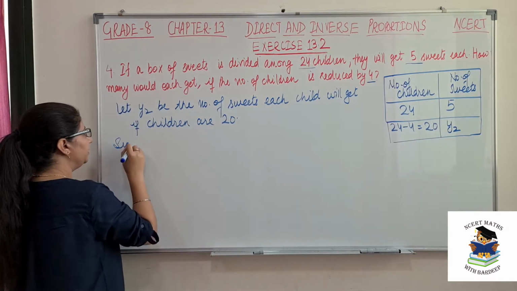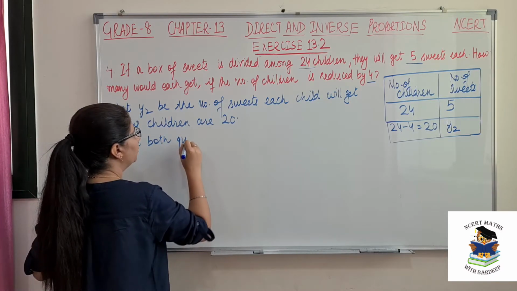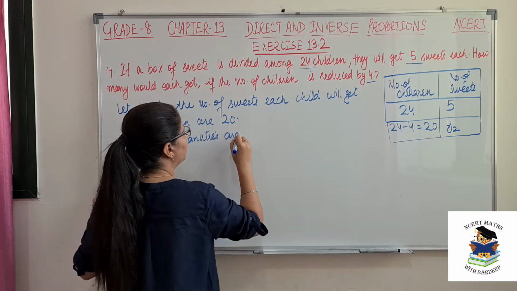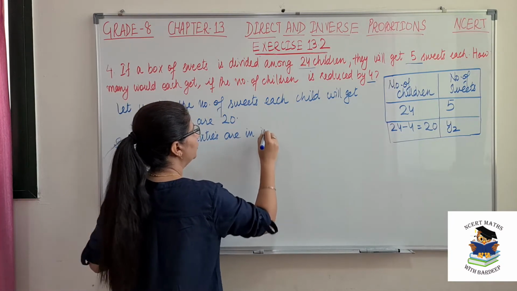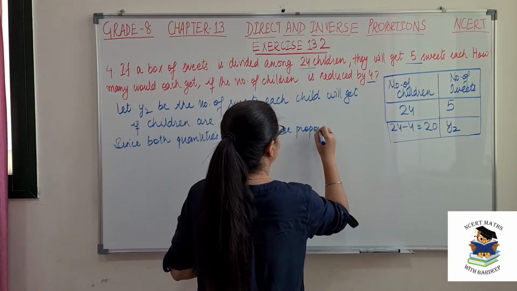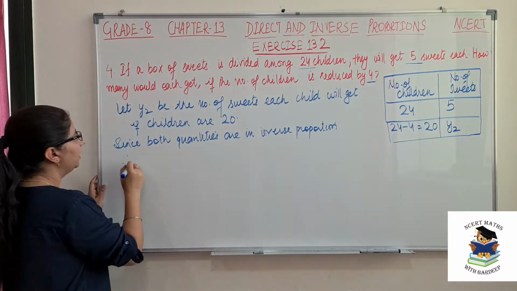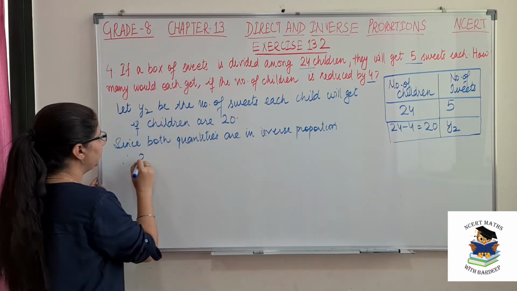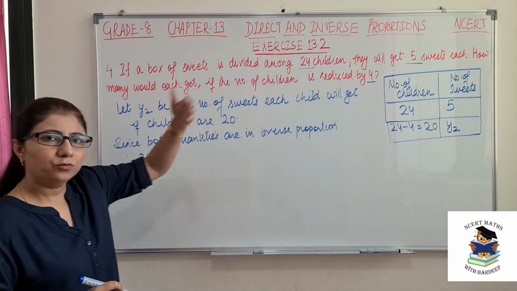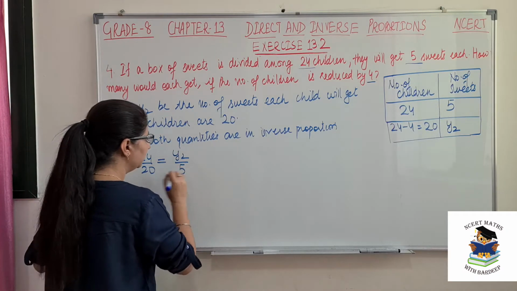Since both quantities are in inverse proportion, you should always write this, therefore x1 over x2, that is 24 over 20, should be equal to y2 over y1. So that is y2 over 5.